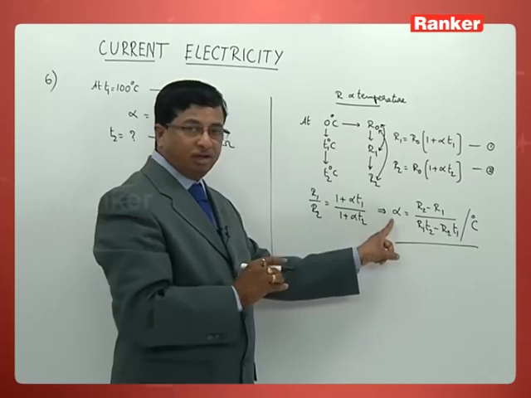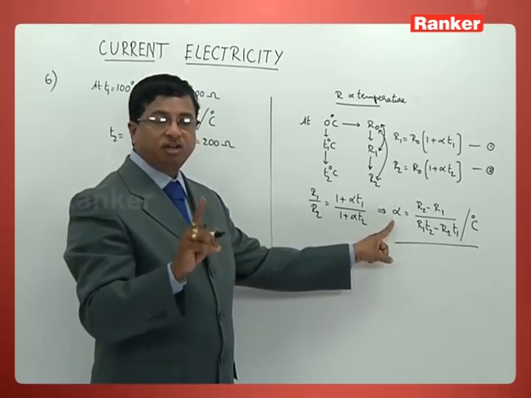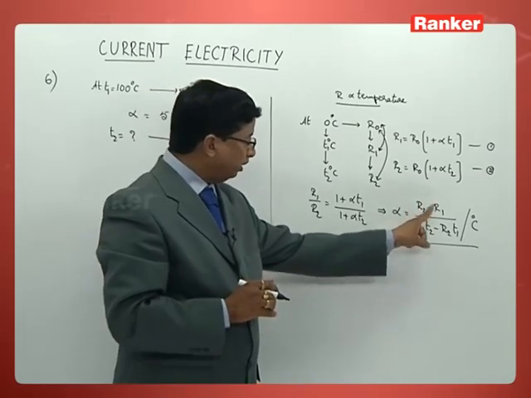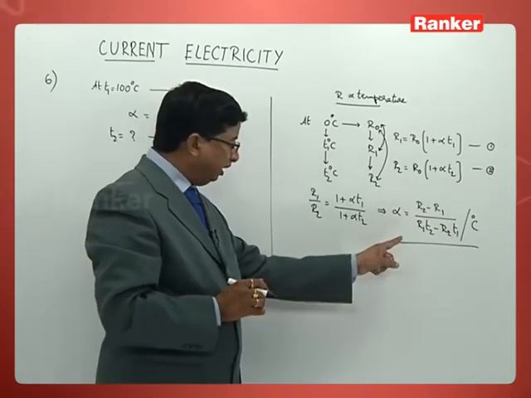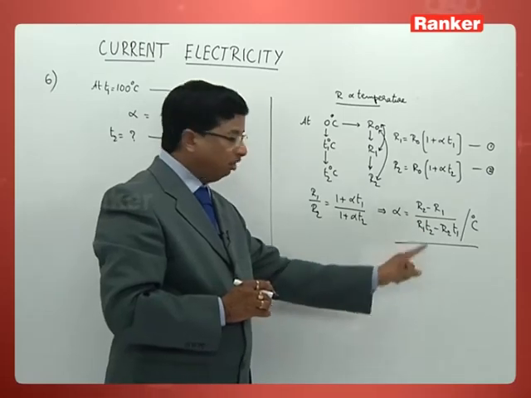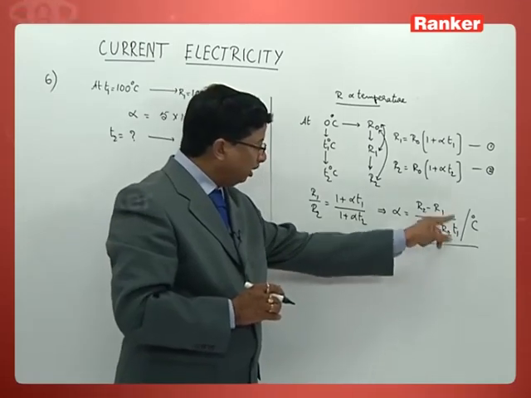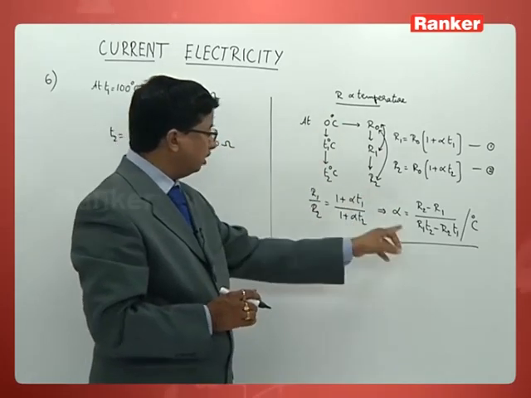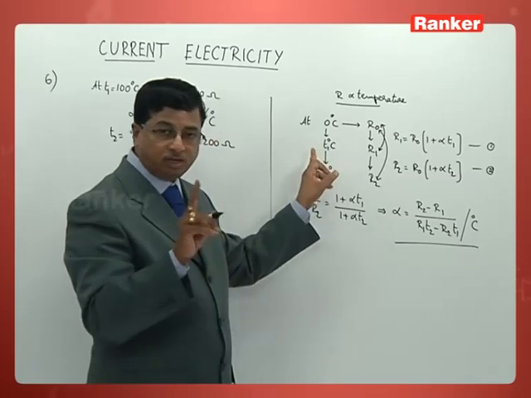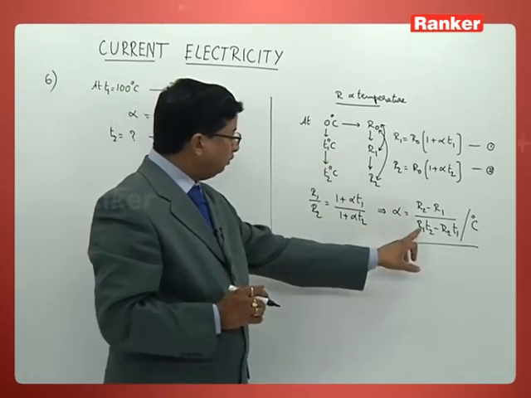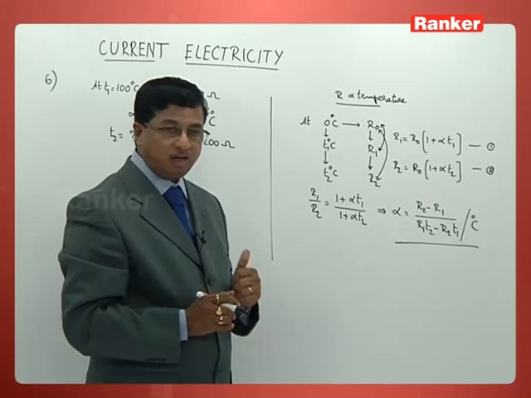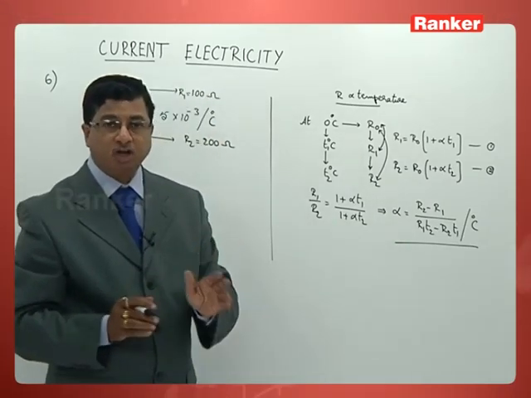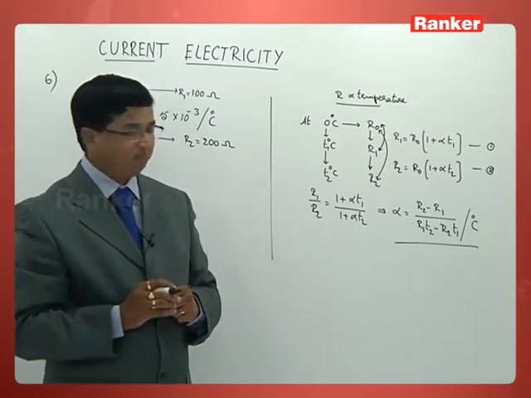I repeat, temperature coefficient of resistance alpha is equal to R2 minus R1 by R1 T2 minus R2 T1 per degree centigrade. Already you might have got this description. R1 is the resistance at T1 degree centigrade. R2 is the resistance at T2 degree centigrade. Alpha is temperature coefficient of resistance of the material.